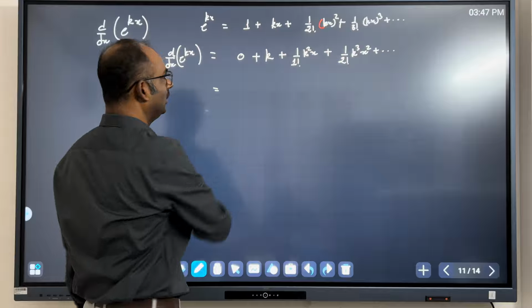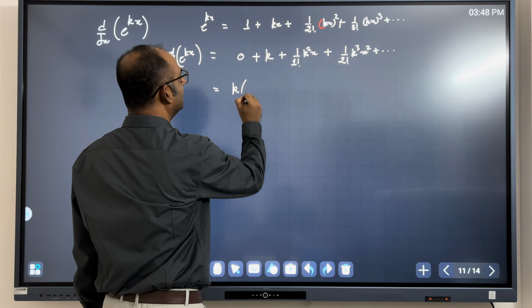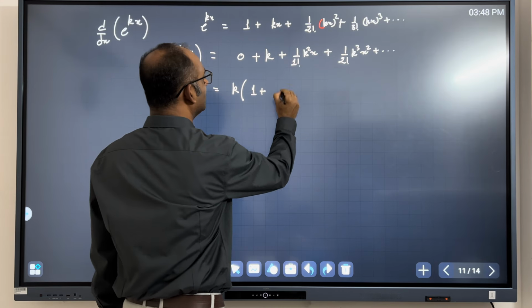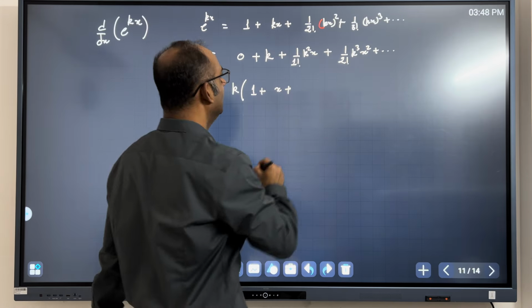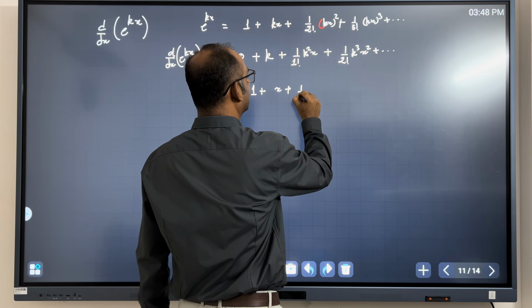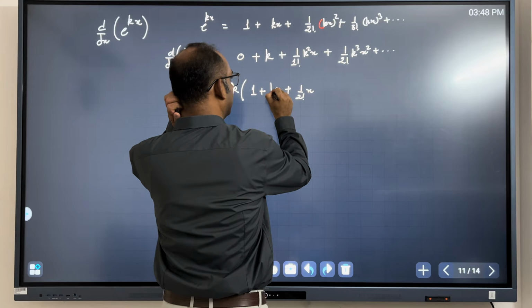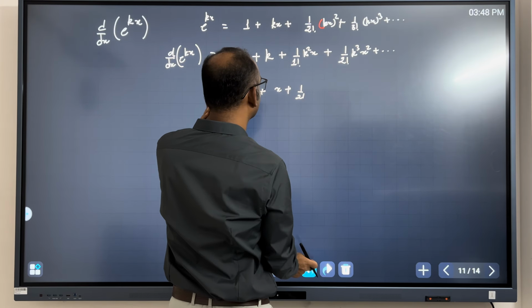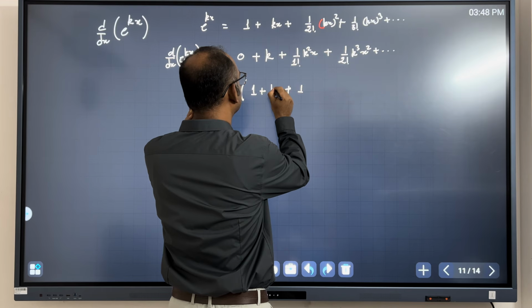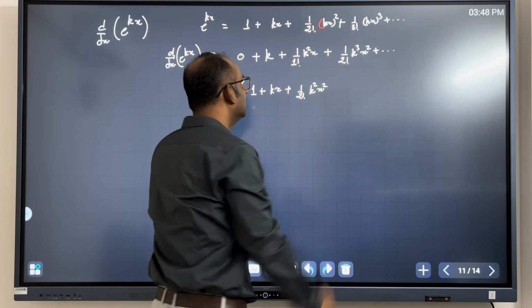Good. Pull out a k from every term. Overall k, it is 1 plus x plus, because 1 factorial is 1, plus 1 over 2 factorial x square. No, sorry. Here kx, and here it will be k square x square.